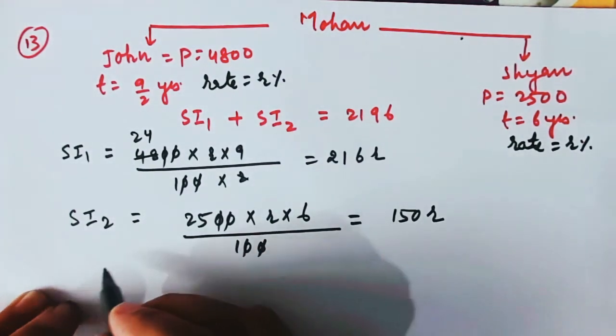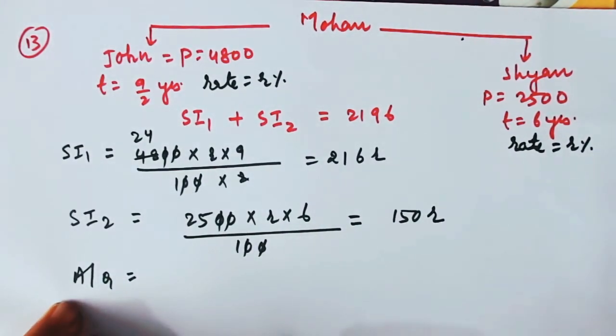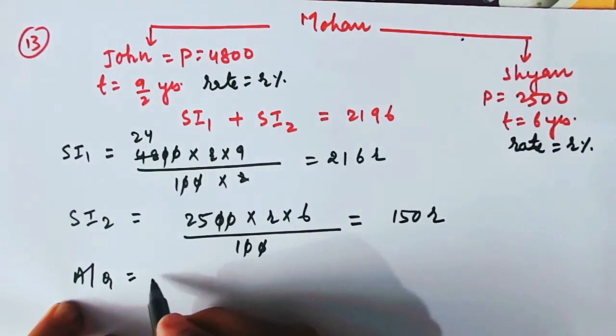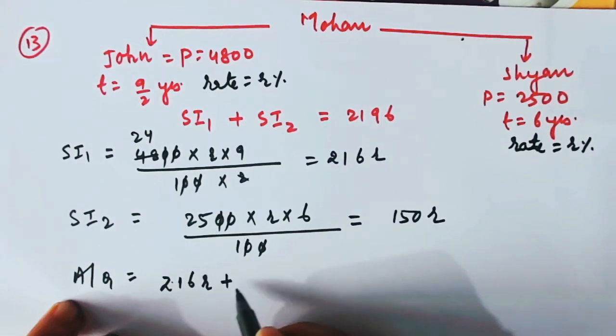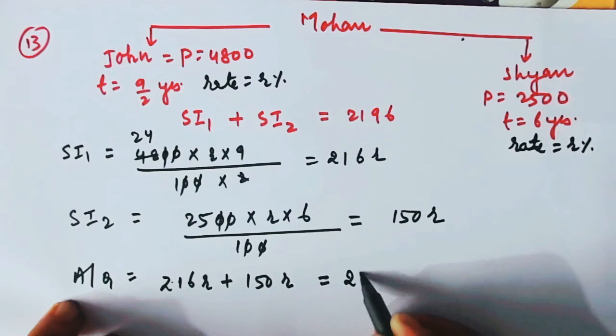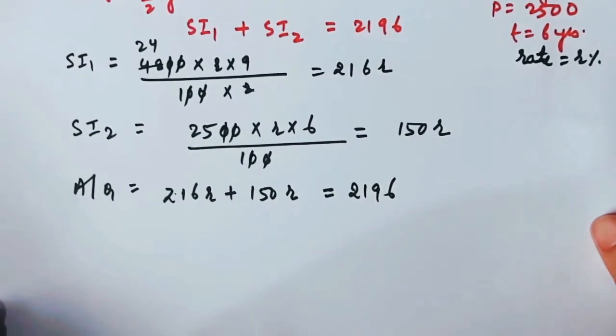You will get 150R. Therefore, according to the question, SI1 plus SI2 is equal to 2196, or 216R plus 150R is equal to 2196. Come on.